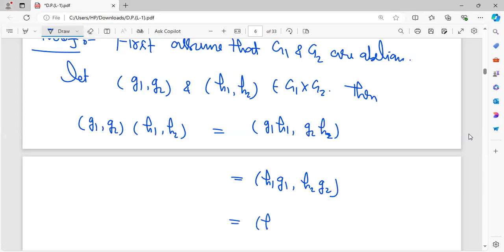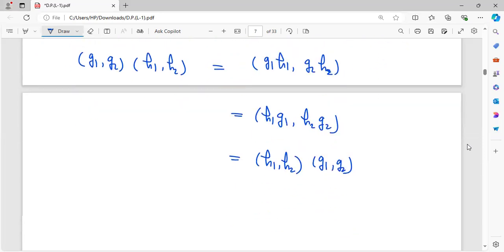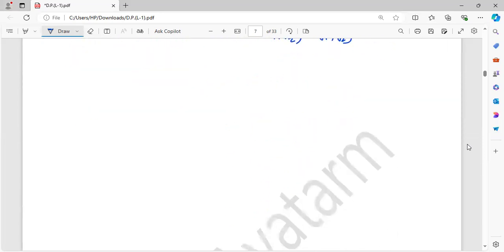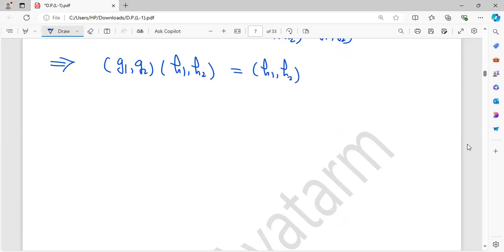So what is this? (h1g1, h2g2). Okay. So we have (g1, g2)(h1, h2) is equal to (h1, h2)(g1, g2). Okay. So what is this?